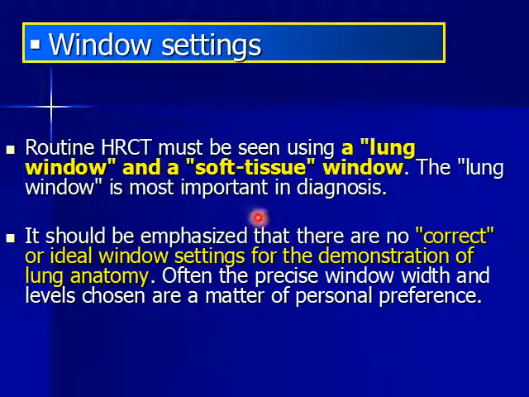Window settings. Regarding window settings, there is no 100% correct or ideal window setting. There is what is known as the preferable window setting according to your eye and your idea and according to what you are looking for.